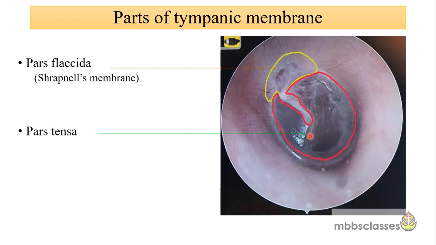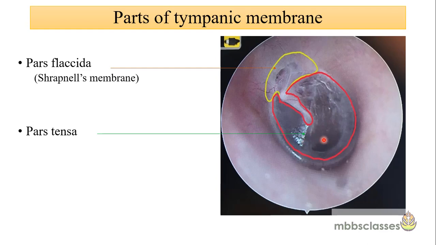So why is it known as pars tensa? This pars tensa contains the middle fibrous layer. Because of its tense position, it is known as pars tensa. This texture is provided by two factors.